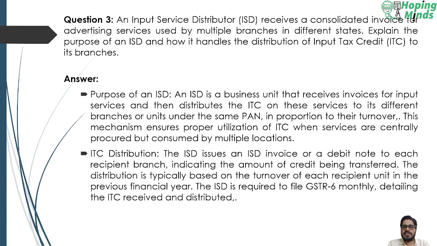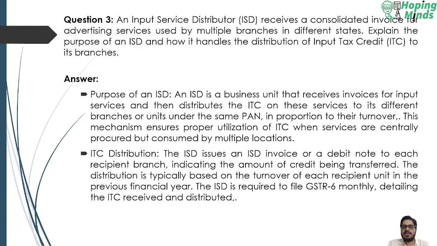So an input service distributor is a business unit that receives invoices for input services and then distributes the input tax credit on these services to its different branches or units under the same PAN in proportion to their turnover. This mechanism ensures proper utilization of input tax credit when services are centrally procured but consumed by multiple locations.